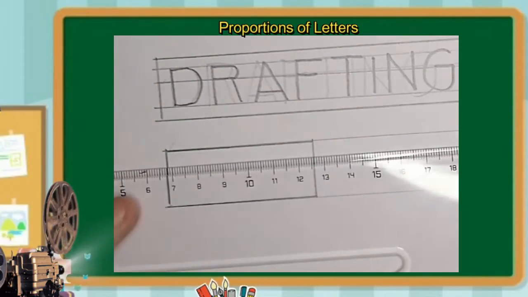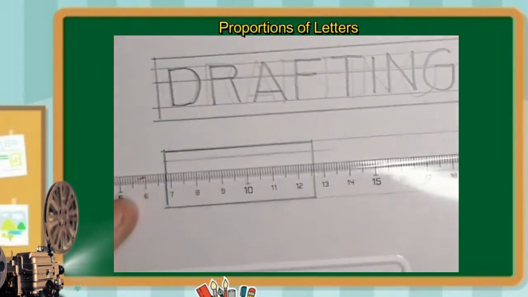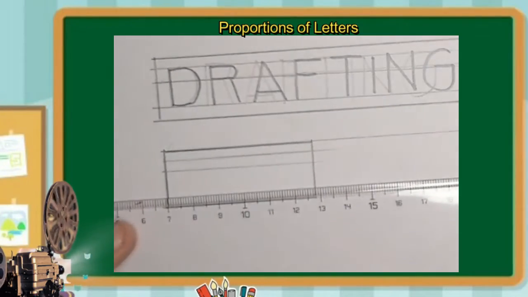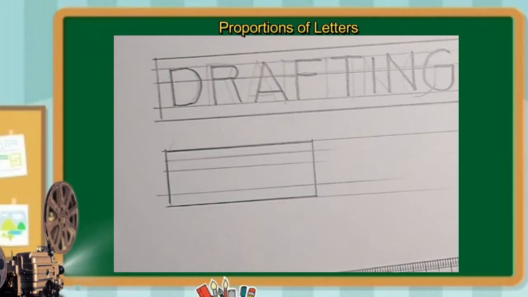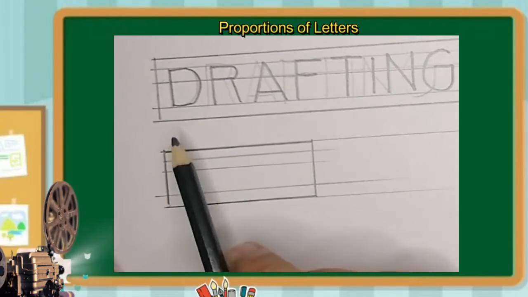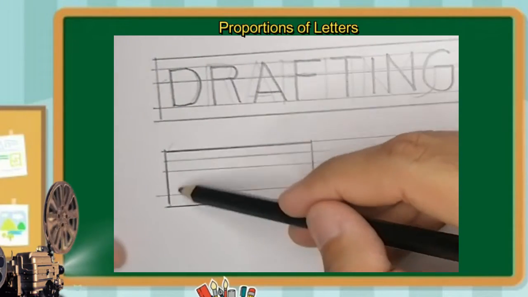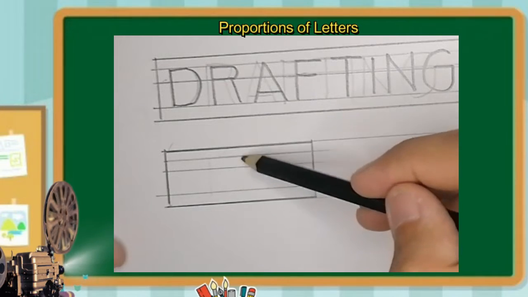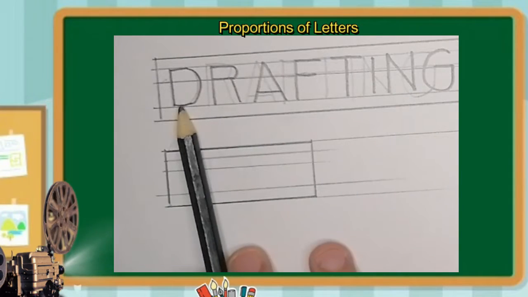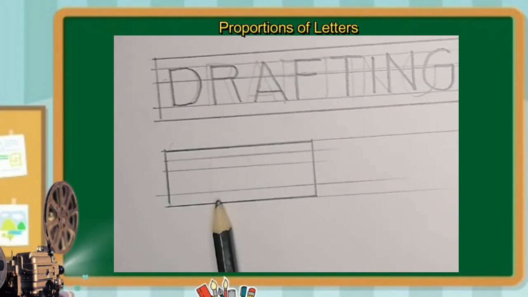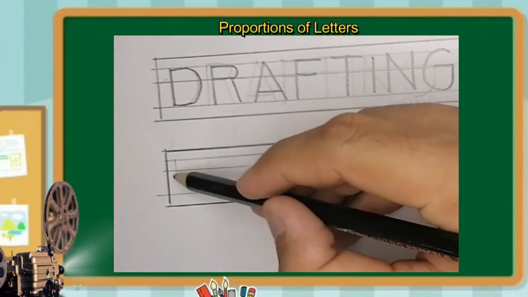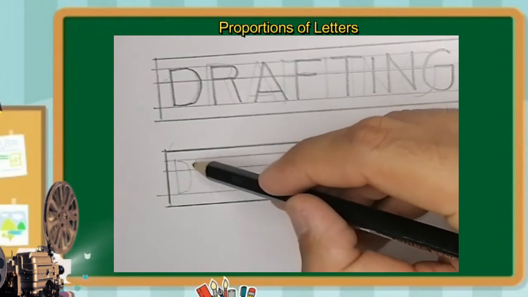So, halos mas maliit na ng kalahati dun sa unang space natin, no? And then, the same guideline, top line, waistline, baseline. Okay, so kung ilalatag natin yung drafting dito, if we are going to use normal letter, no? It will be only the letter D, R, A ang magkakasya dito. So what you're going to do now is to compress the letter, no?